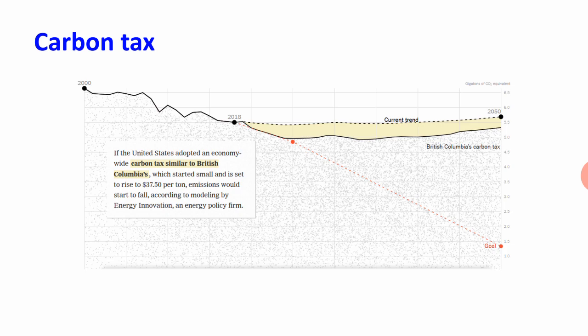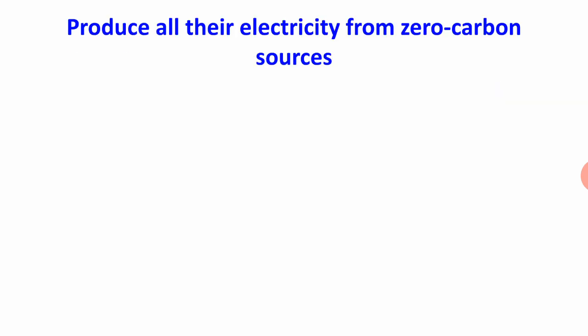So they produce all their electricity from zero carbon resources. As we know, mostly the electricity is generated from thermal power stations. So what will happen? We need to reduce the carbon emissions, which means we need to adopt non-conventional electricity generating devices like wind turbines, hydraulic turbines, solar electricity, and nuclear power plants.